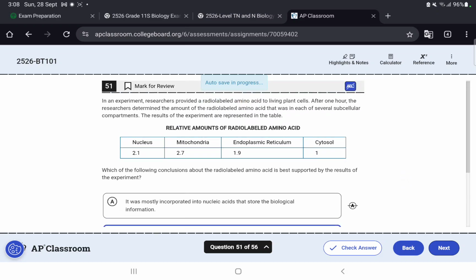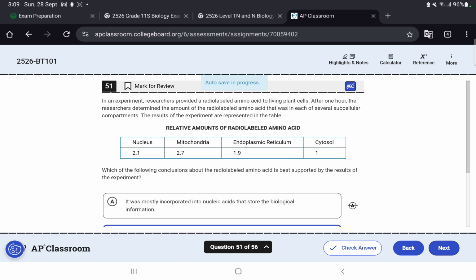Okay, so which of the following conclusions about the radio-labeled amino acid is best supported by the results of the experiment? Okay, so let's read what the experiment is. An experiment researchers provided a radio-labeled amino acid to living plant cells. So they got a labeled amino acid and added it to plant cells. After 1 hour, the researchers determined the amount of the radio-labeled amino acid that was in each of the several subcellular compartments.